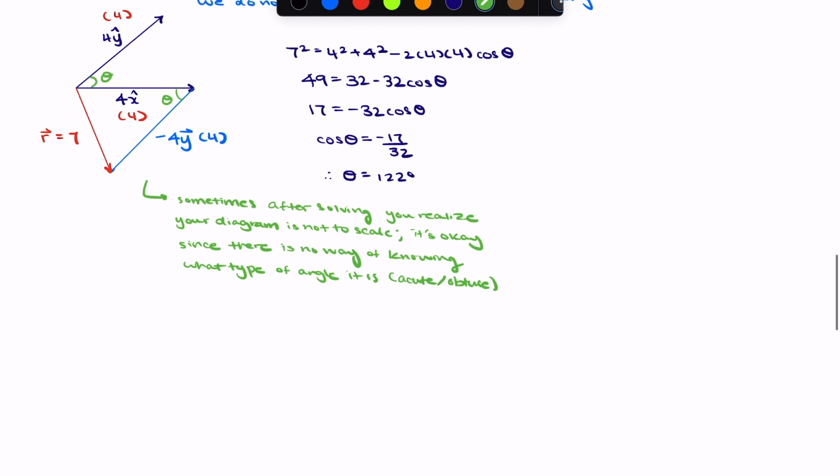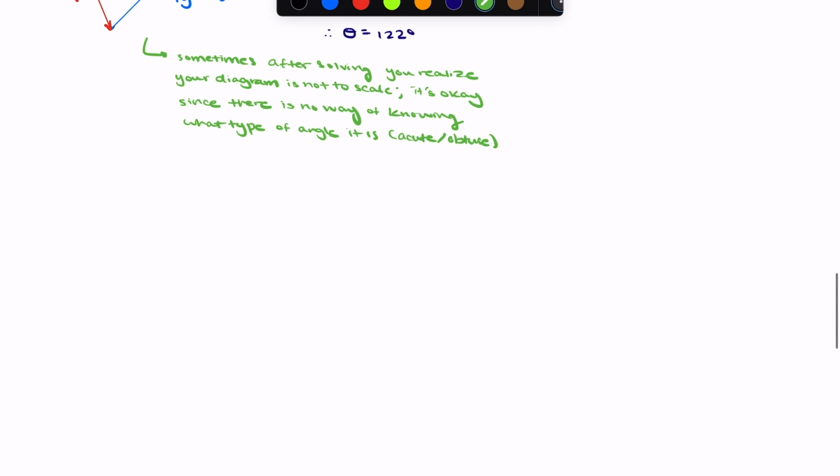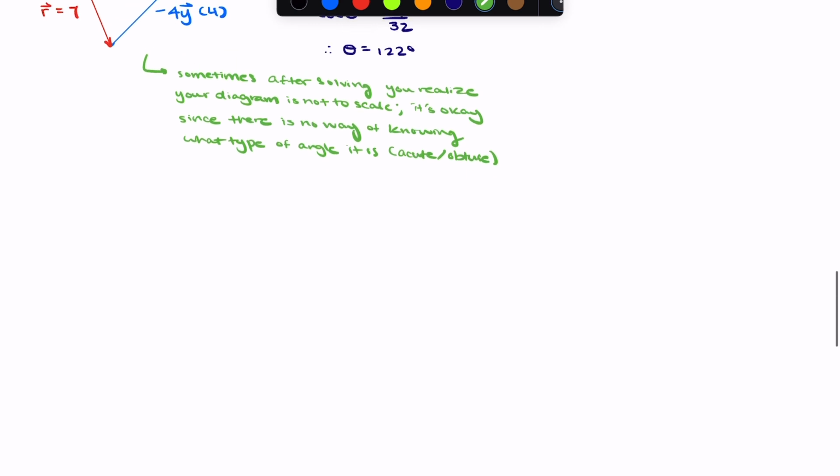Okay, so now that we got our value, again, we're trying to find 2x plus 5y. Okay, so here we have 2x. So here we'll draw a little bit smaller. So there's space here.